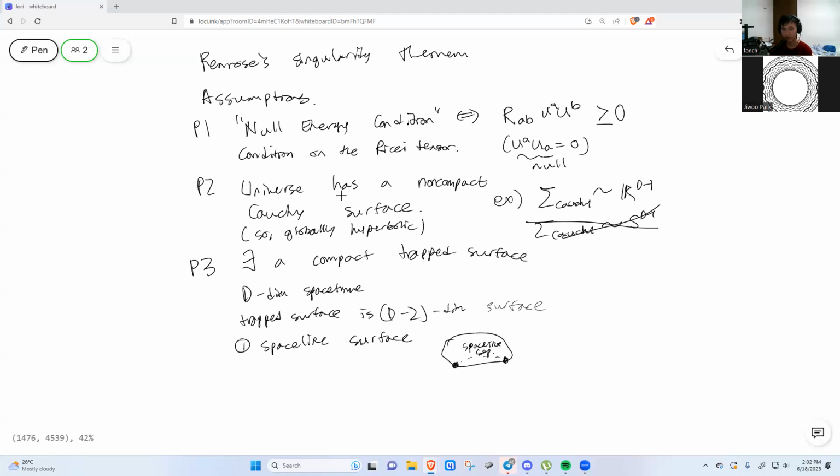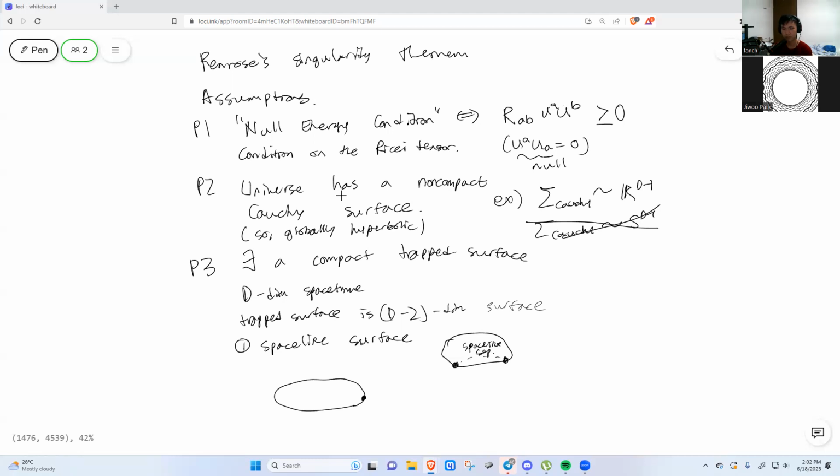And they satisfy the property such that on every point on the surface, you would define ingoing and outgoing orthogonal null geodesics.